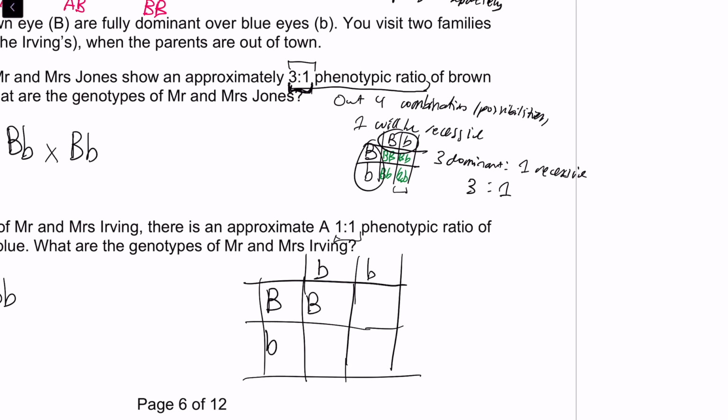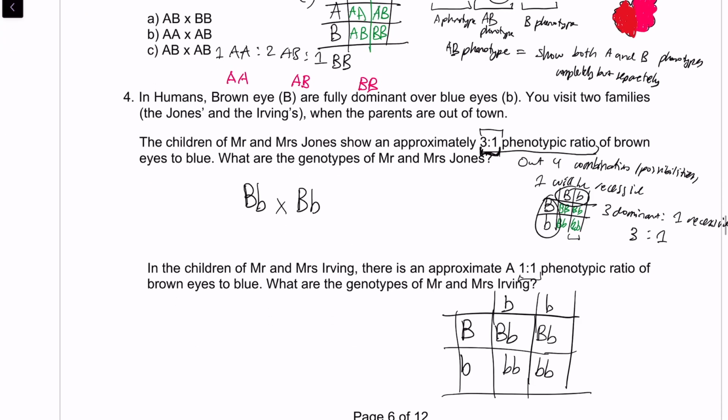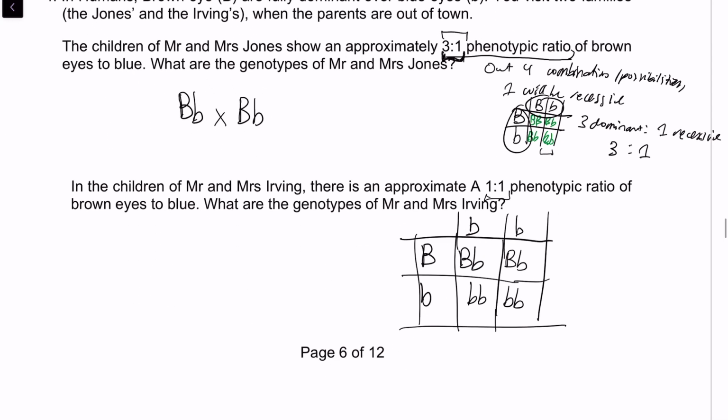So we'll give that a go. So therefore, the genotypes of the parents are capital B lowercase b, by lowercase b lowercase b.